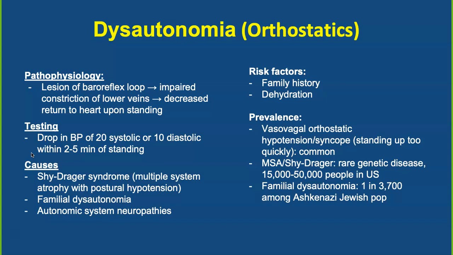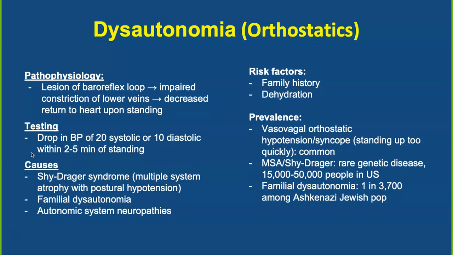Specifically, there's some familial dysautonomia, some autonomic system neuropathies that might cause this. So you might want to ask about family history, ask about dehydration, and this is very common in terms of causes of syncope. This is when you want to ask patients about their change of position, like standing up too quickly or going from lying to sitting.